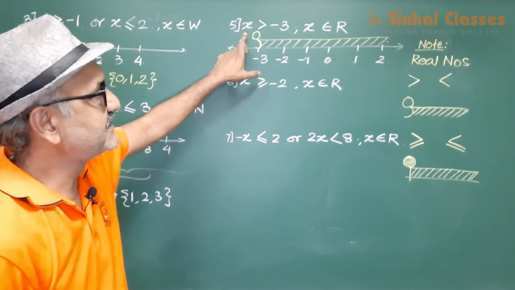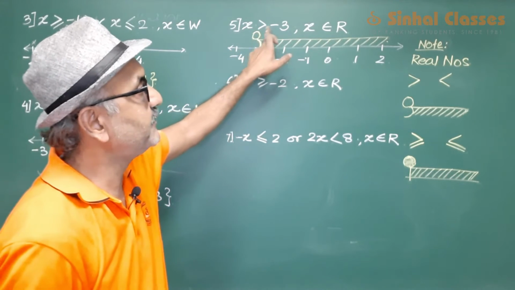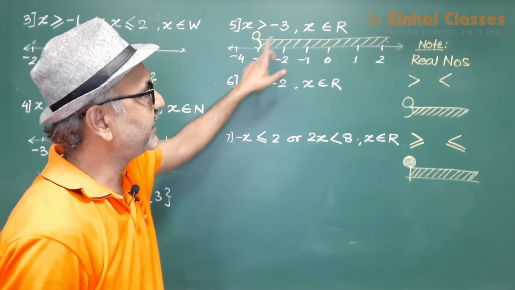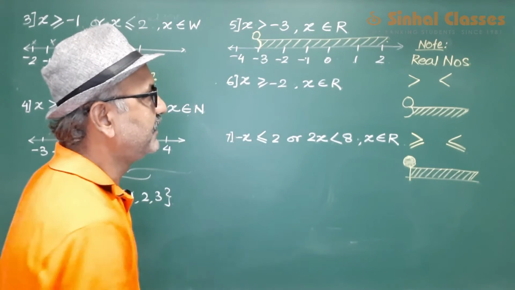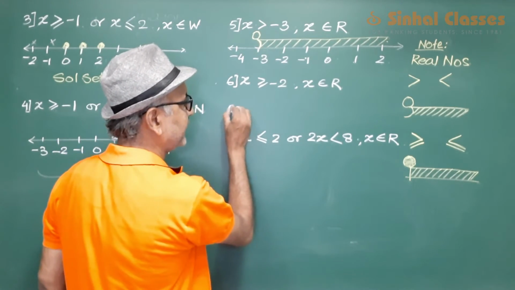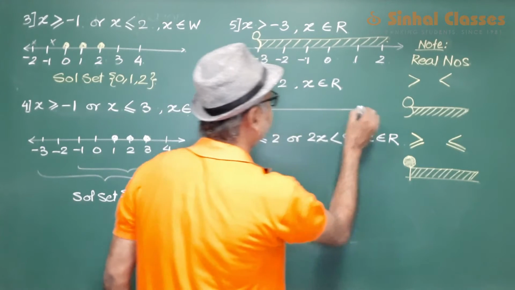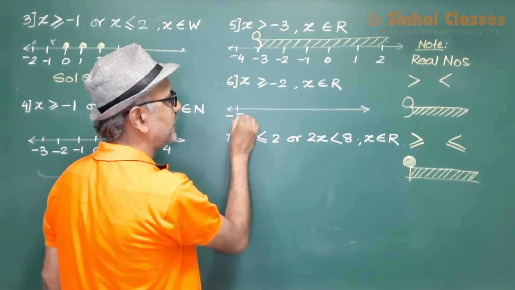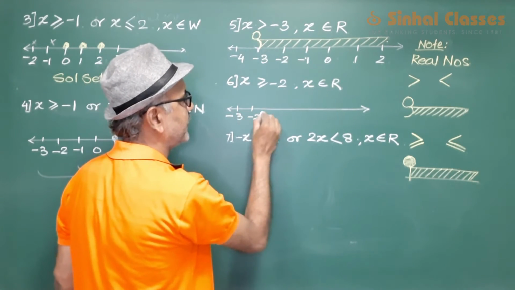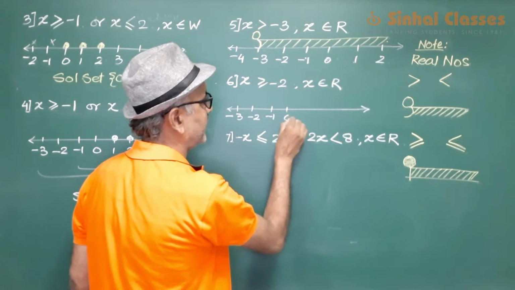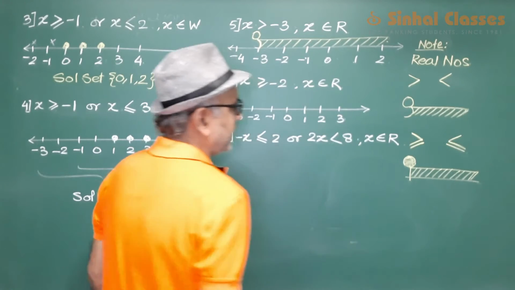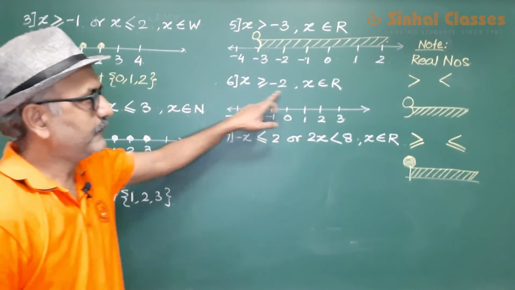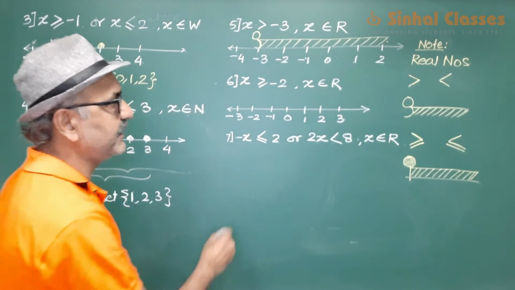So in this case, this was x is greater than -3, just greater than -3. So I started off from -3, put a curve and a hollow circle. Now let us come to the next example. In the next example, we have x is greater than or equal to -2.